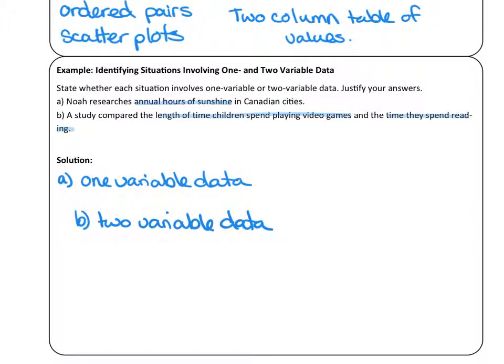Now to explain these, you can say measured one variable, and you can even mention hours of sunshine.